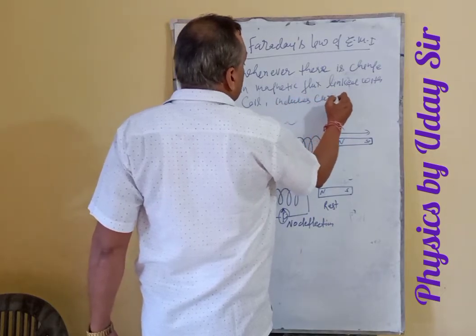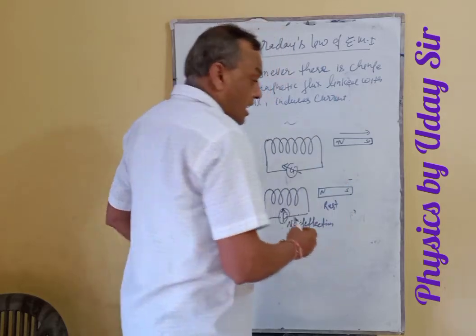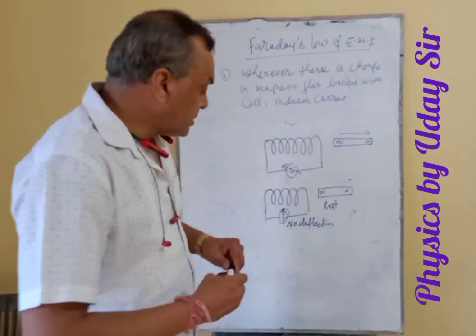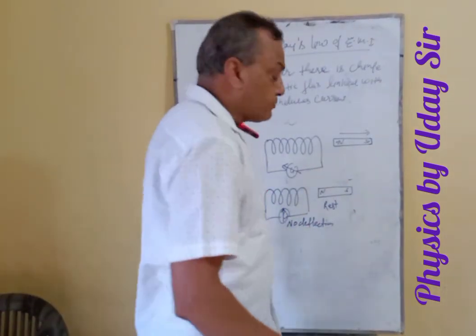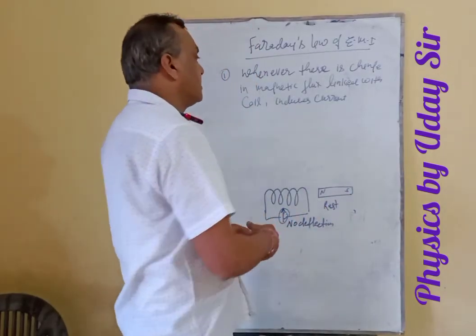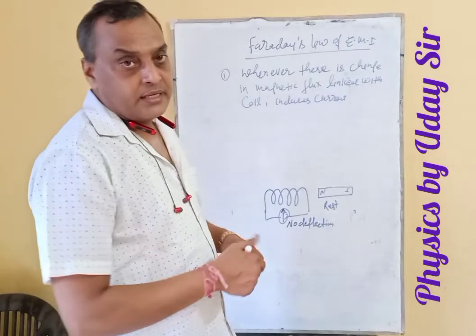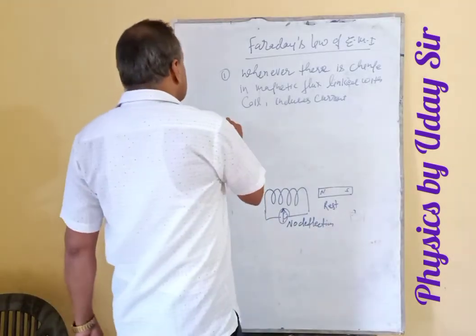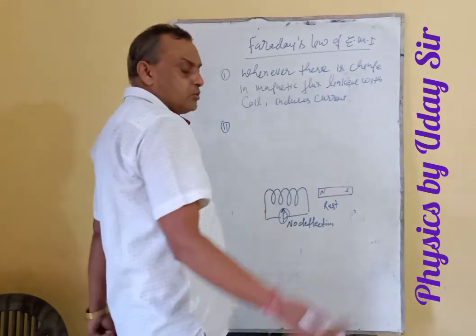What does whenever mean? Whenever means either it is moved towards the coil or away from the coil, towards or away, the current will induce. Second, there are only two laws.